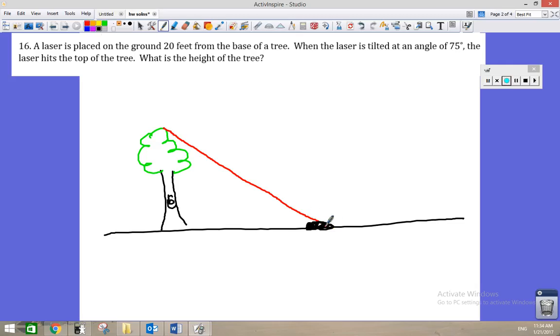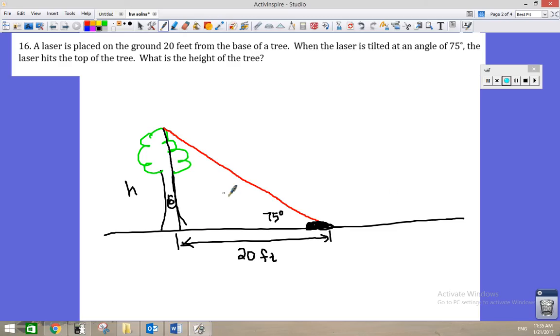It's 20 feet from the base of the tree, and it's tilted at an angle of 75 degrees. So the height of the tree, what's the height of the tree?